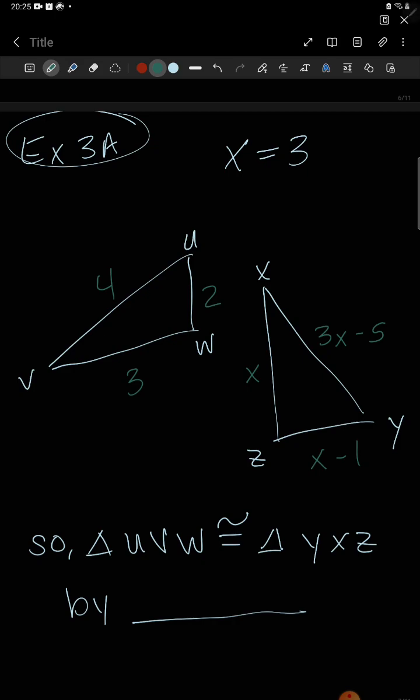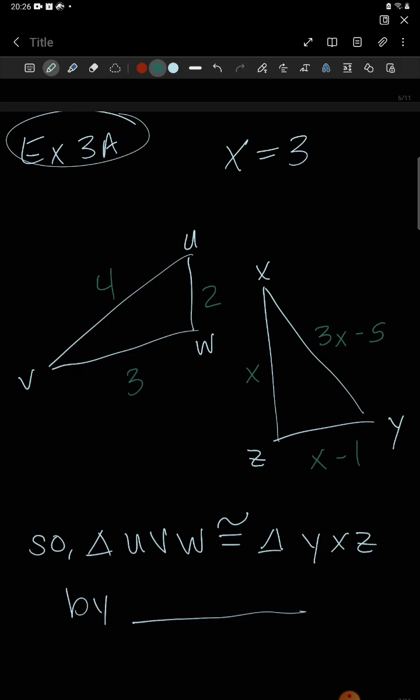So UVW, we're going in this direction. And triangle YXZ are congruent. Okay, it says show that they're congruent, even though they told you they're congruent in the bold instructions there. They're still telling you to show it, right?